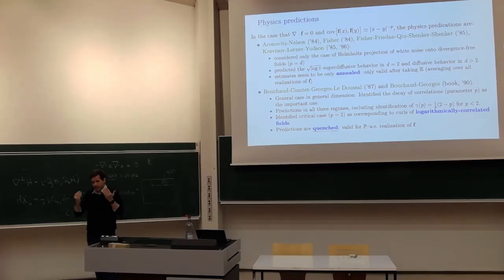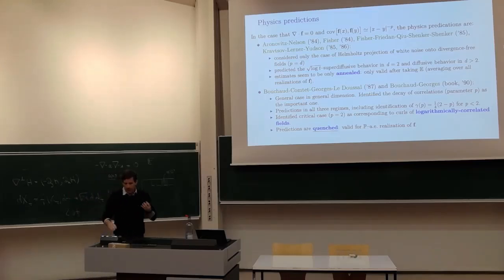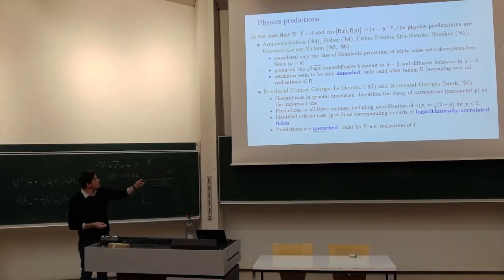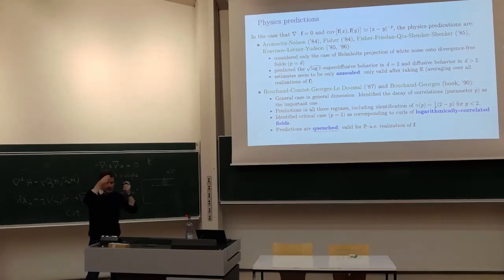Those are different, in opposition. It comes from metallurgy. But what annealed means in our context is you've taken the expectation also with respect to F, which is, in this problem, less physical. Because what you really see is a random vector field, and then you want to know where the particle goes. You're not going to average over all vector fields. That makes less physical sense.